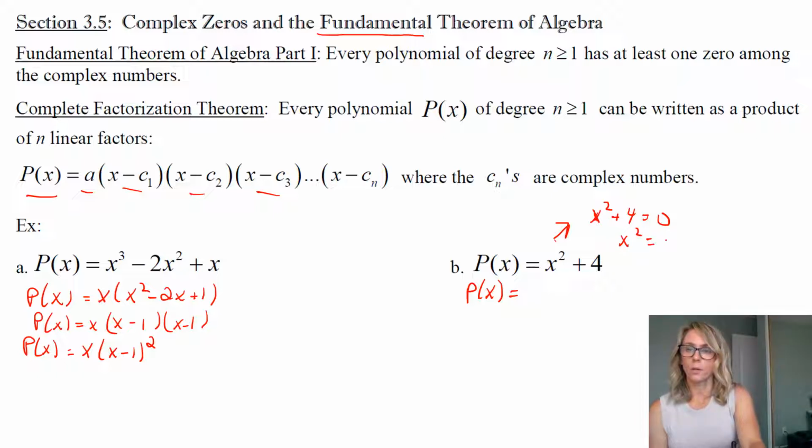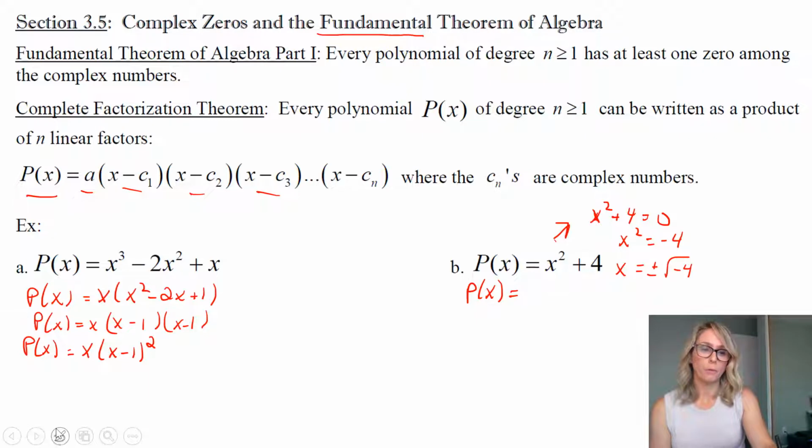You're going to end up with x squared equals negative 4. And if you were to square root both sides, you're going to end up with plus or minus the square root of negative 4. Hopefully that tells you that these zeros are complex.